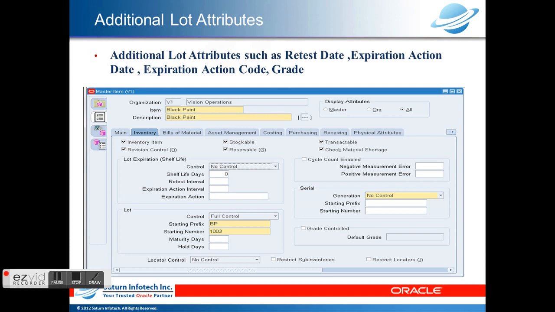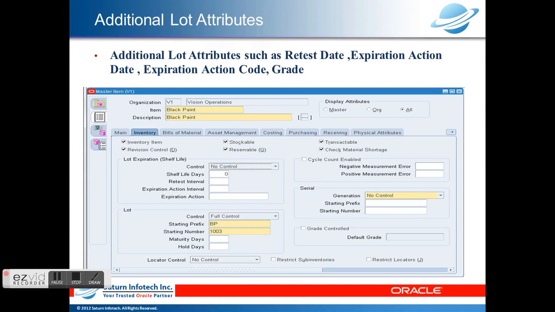Then there is the expiration action interval, which defines when we are going to take an action on the expired item. We can define what the expiration action is going to be. Are we going to reuse it by doing certain processing, or are we going to destroy it? That action can be defined on this form for the particular lot.